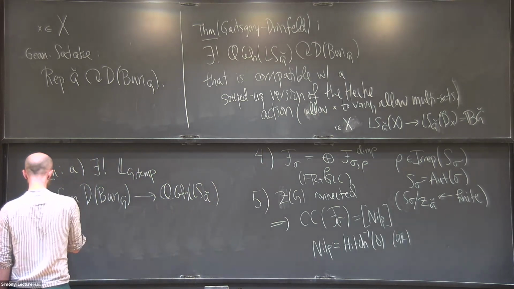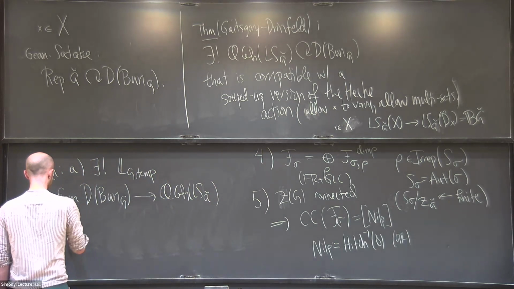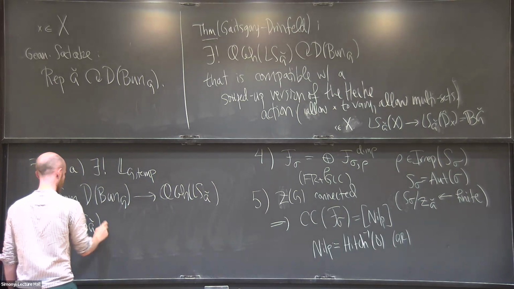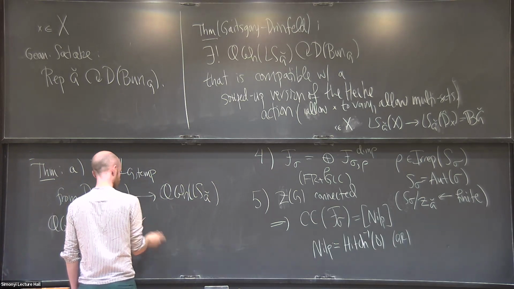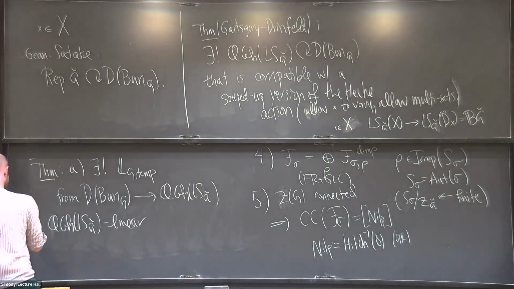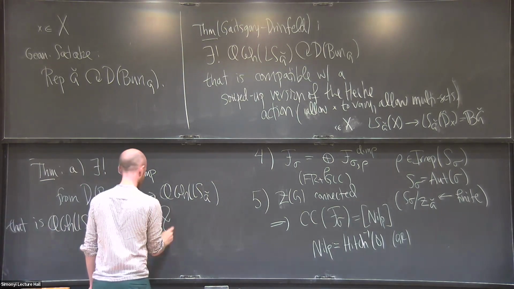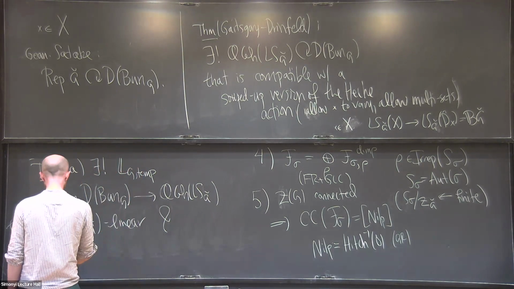That's linear, so it's a map of quasi-coherent sheaves on LocSys G check module categories, and that's normalized in the following way.